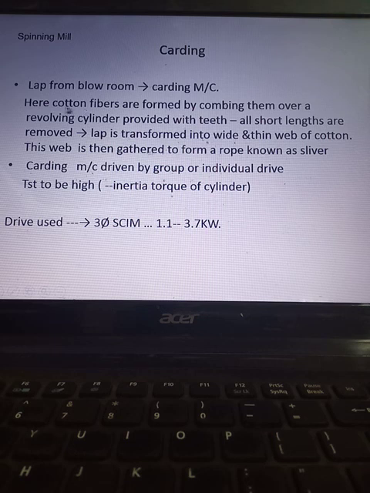The comb I mentioned is actually a cylinder with teeth. It is something similar to, in our case, we take a comb and then comb our hair. We move our hand with a comb in our hand.